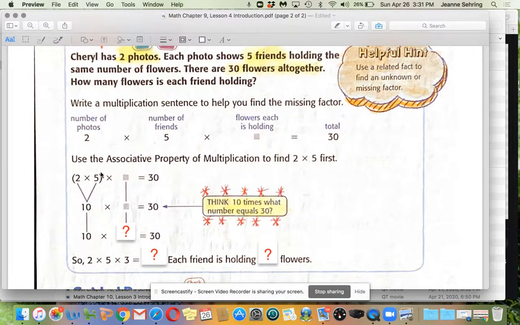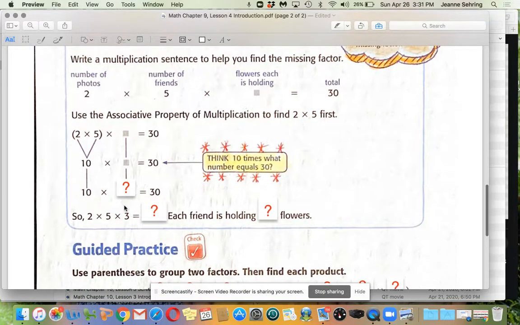So if we do the multiplication in the beginning, we know that 2 times 5 equals 10. And we know the answer is 30. So we're going to say, 10 times what equals 30? We could do inverse operations and say 30 divided by 10 equals what?